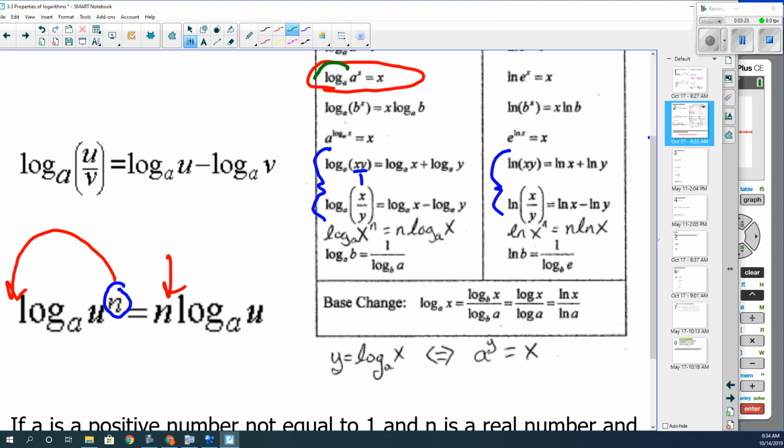Because I told you last time that log base A of A cancels out, it just leaves x. Well, the reason it's just x, which was the power, is because really, using this rule, if you have a power on something inside the log, you're allowed to bring that down as multiplication. So then when that log base A of A becomes 1, it's 1 times that x, because the power drops down.